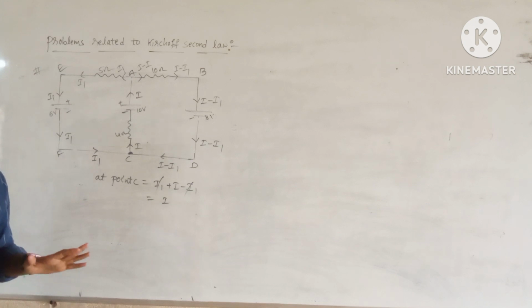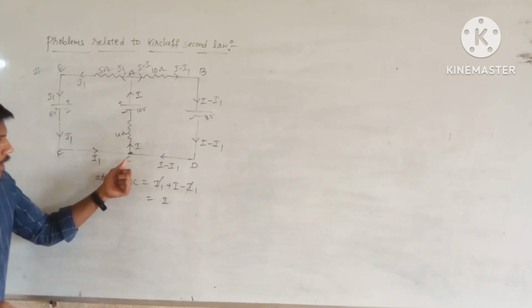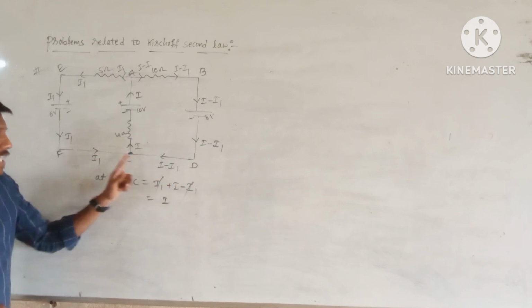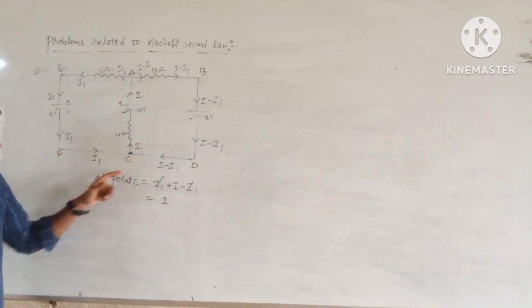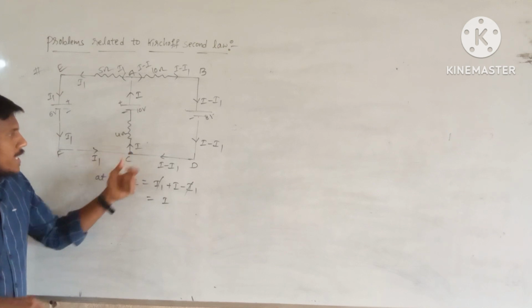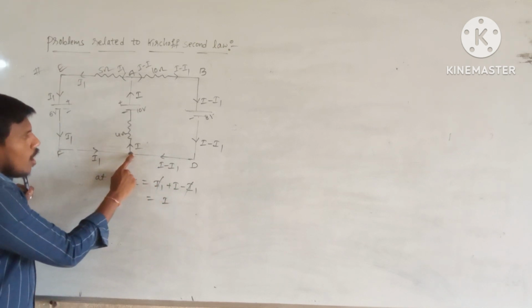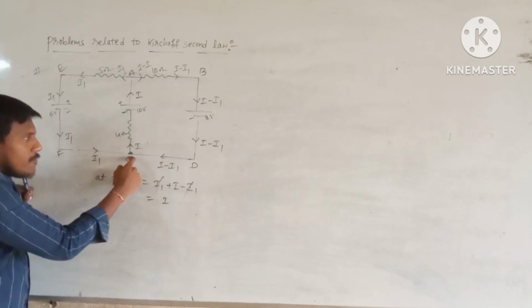Hello students, are you clear? At point C, I1 current and I minus I1 current meet here. At the same time, how much current should be going away from point C?